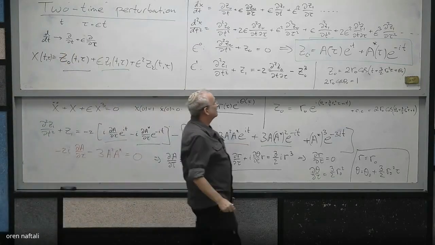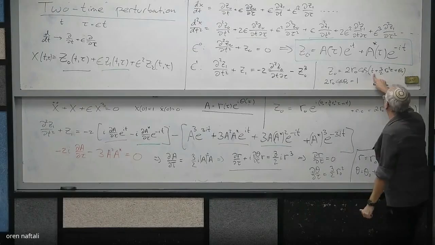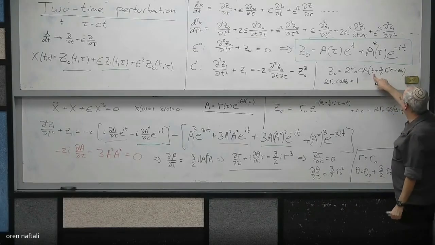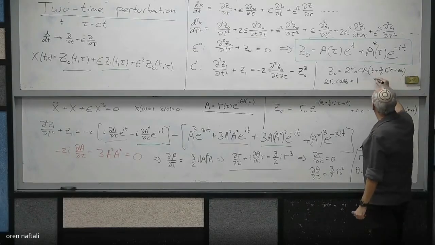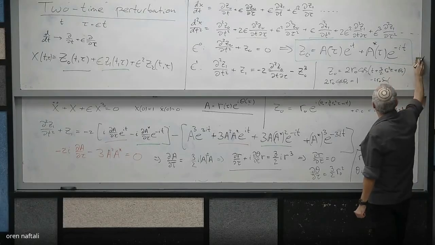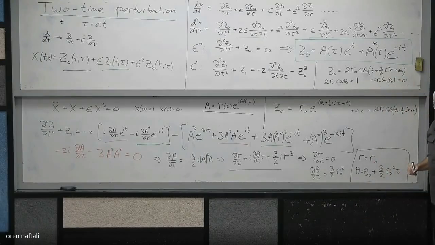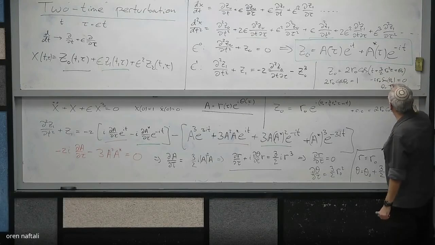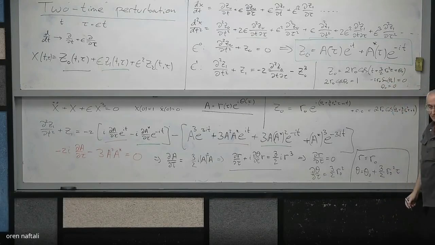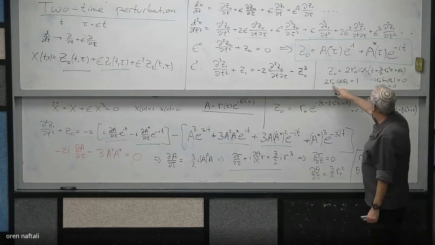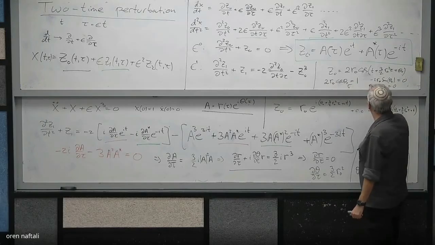And if I take the derivative of this with respect to t, what I will get is minus 2r naught sine of theta naught, which must be 0. Okay, which implies that theta naught is 0, which implies that r naught is 1/2.